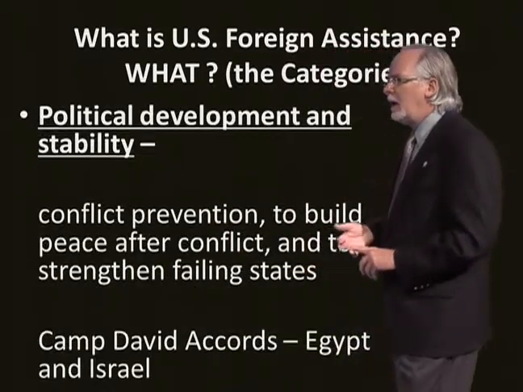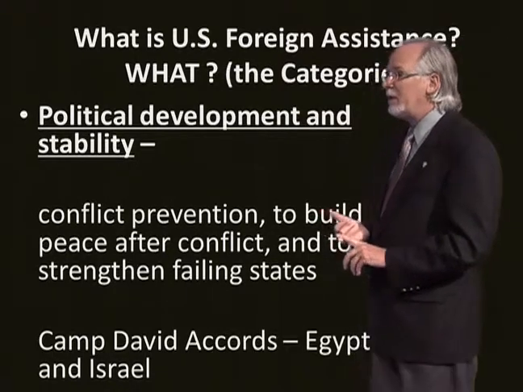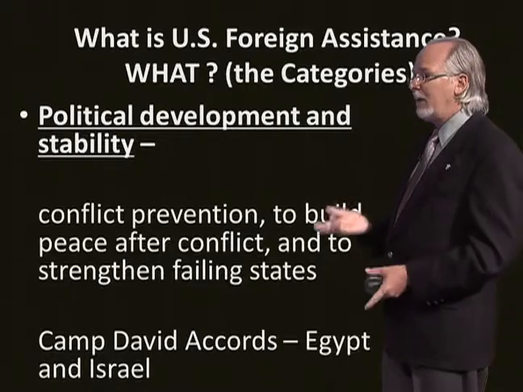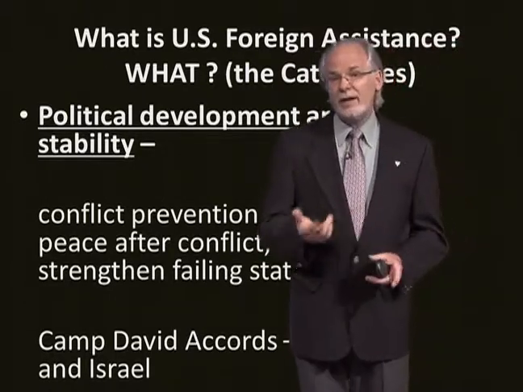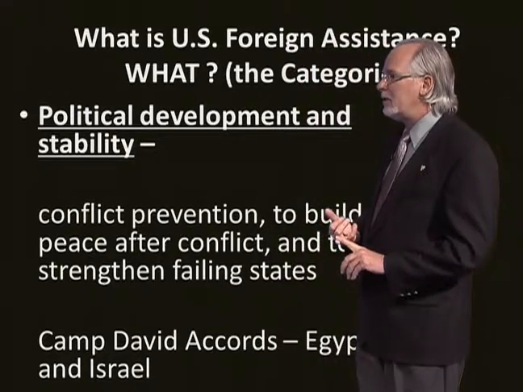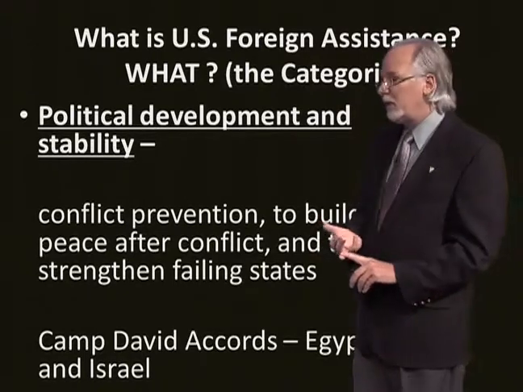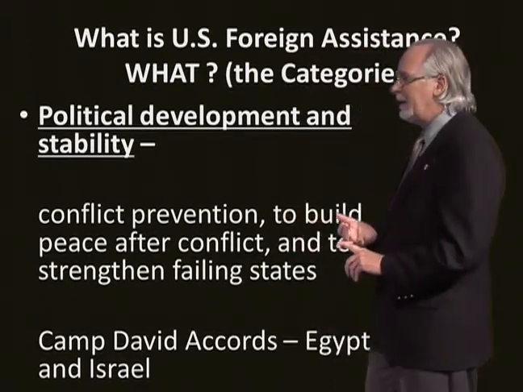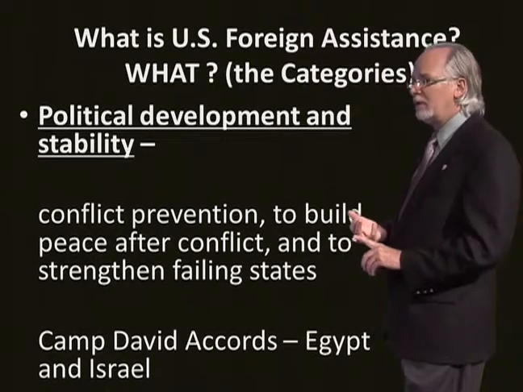Then another category would be political development and stability, conflict prevention, to prevent peace after conflict, and to strengthen failed states. Another example would be perhaps the U.S. involvement currently in Somalia, which many consider to be a failed state. A few years back, another example would be the Camp David Accords.